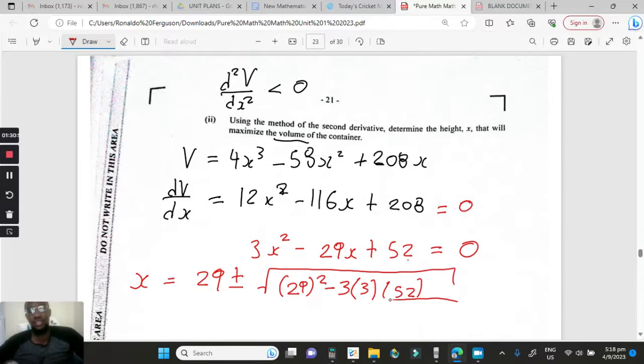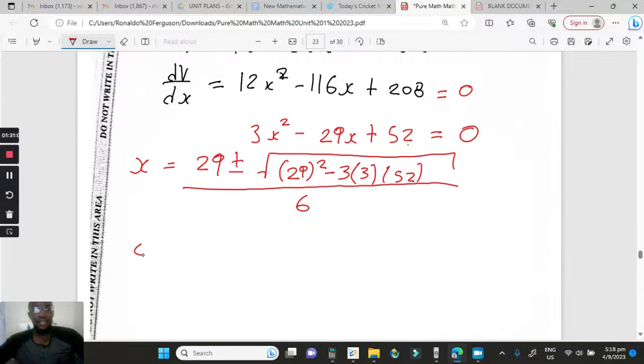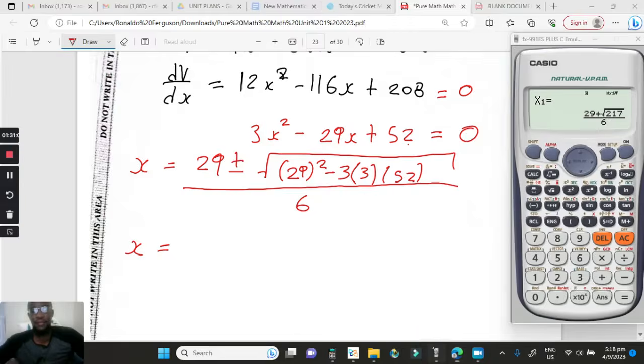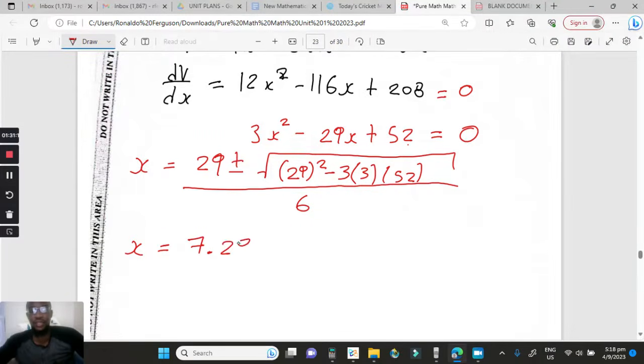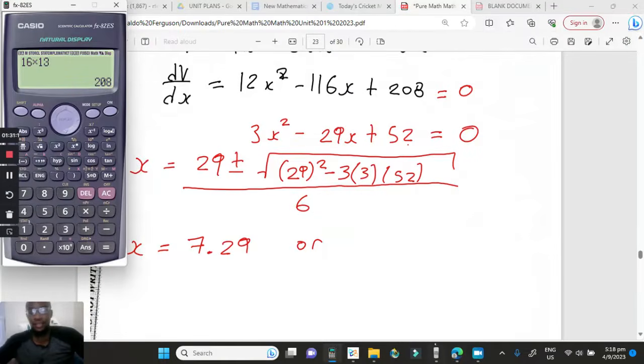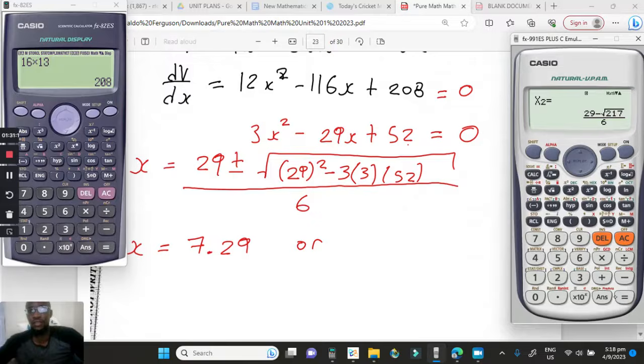So just to give the examiner a little vibe, put it in this way and then you can give him the answer that x is equal to, what's the answer we got? Depends. Do we want to work with this or the decimal? I feel a little bit better with the decimal, 7.29. Or the next answer we were getting is 2.38.